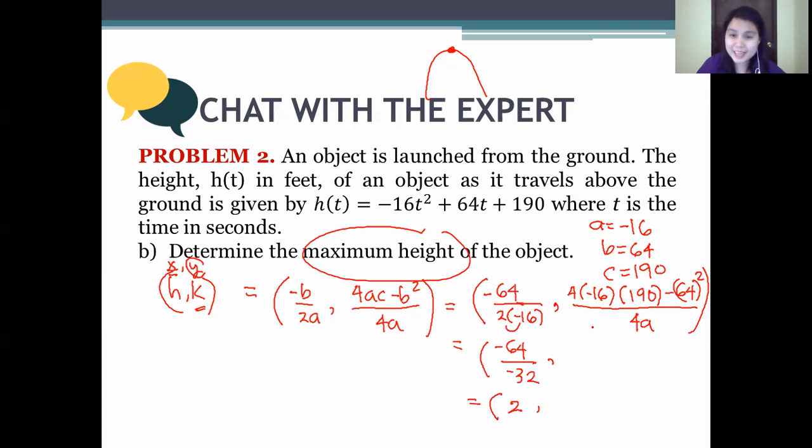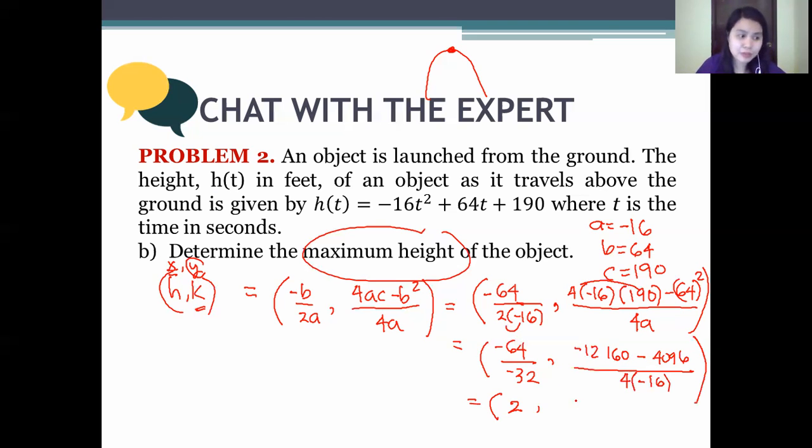How about for k? We have negative 12,160, the first 3, minus 64 squared, 4,096, all over 4 times negative 16.